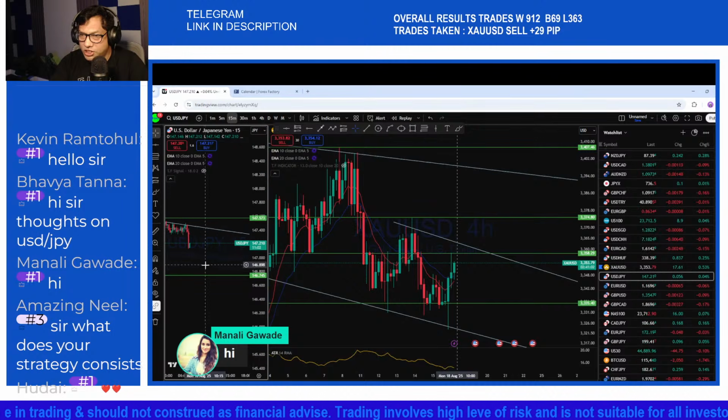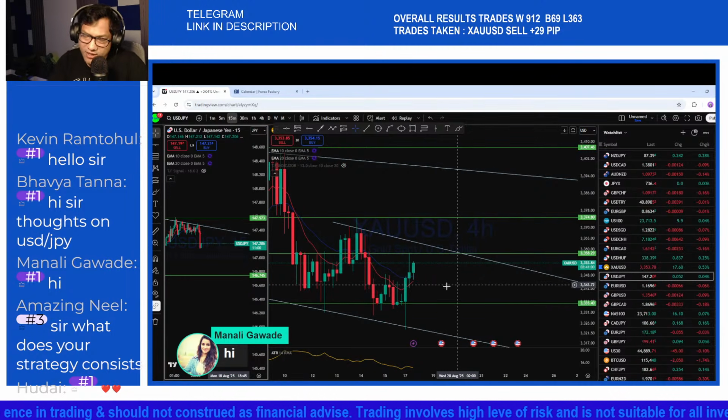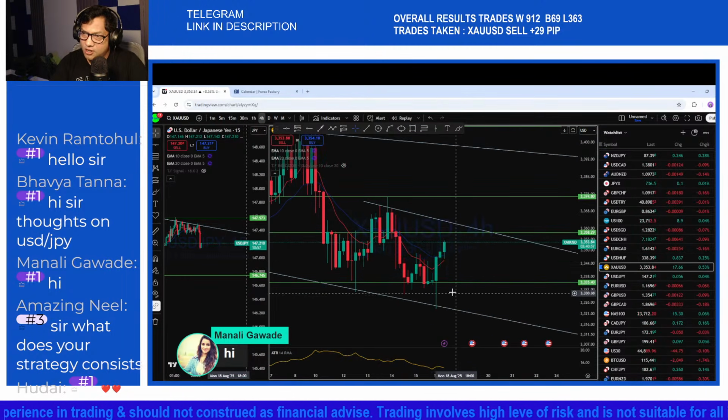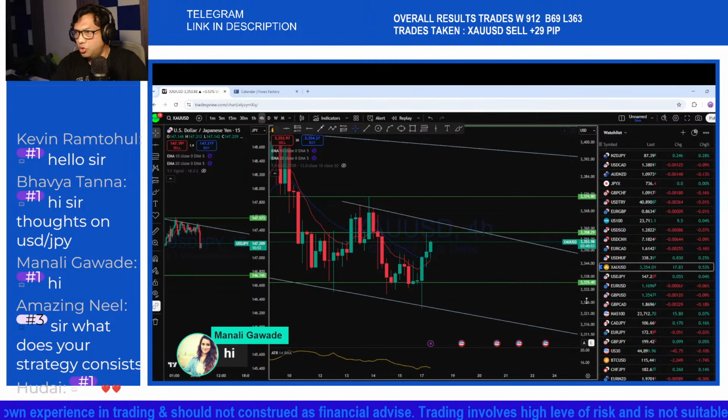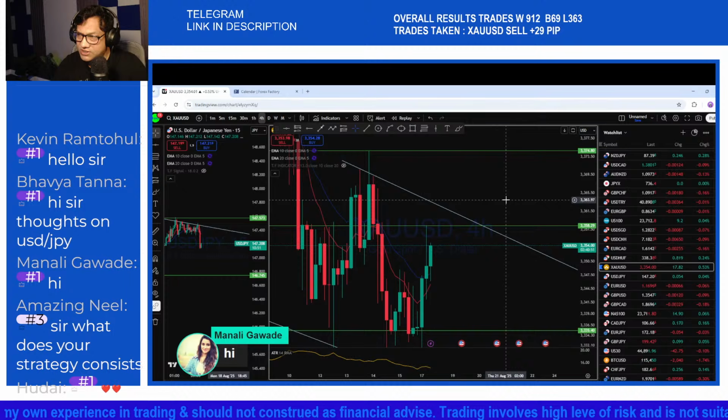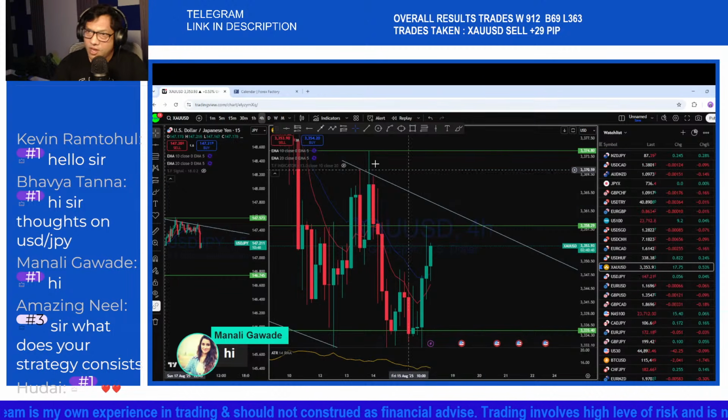We'll keep dollar yen on the watch list, while we are looking at gold slowly building its momentum back to the upside to potentially break the resistance at the 3358 level.